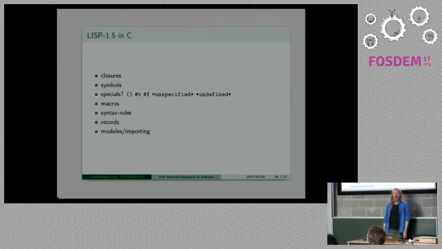But that really didn't perform, so I started messing with the Maxwell equations. Then you have something like closures and the difference between symbols and keywords and specials, and how do you do macros, and well, there's this syntax-rules thing.